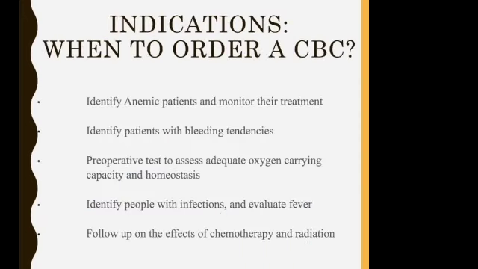So let's move on. When should we order a CBC? There are many reasons for you to order a CBC. This includes maybe trying to identify anemic patients. So remember, anemia is a medical condition, and anemia occurs when a patient has maybe a lower number of RBCs than normal, or they have a lower hemoglobin than normal. So for you to look at a CBC, if you can spot that the patient has a low hemoglobin, that's enough for you to say that they have anemia.